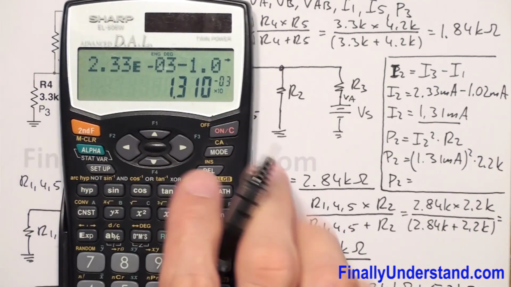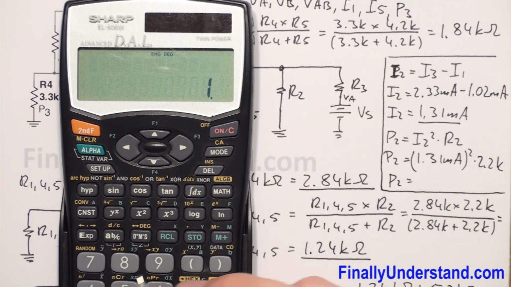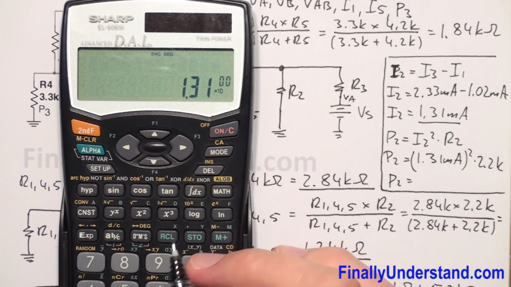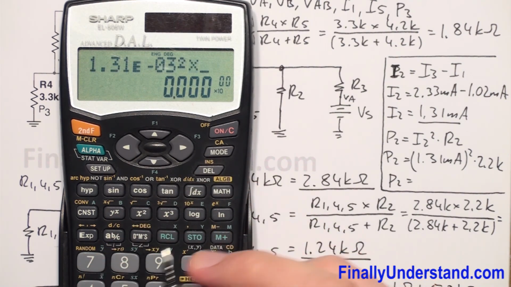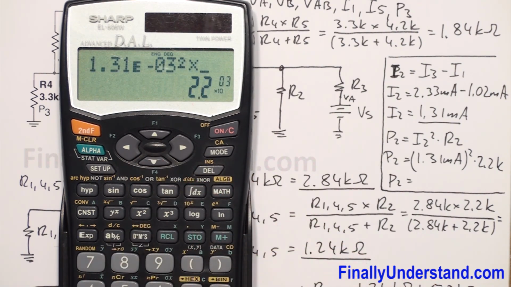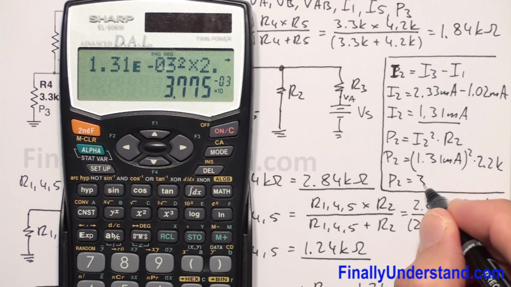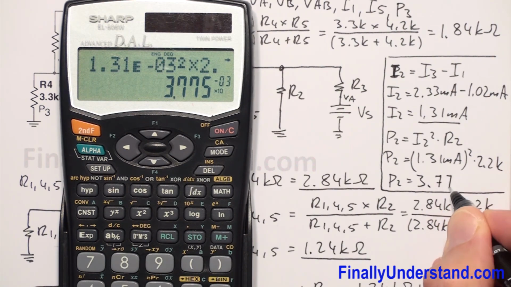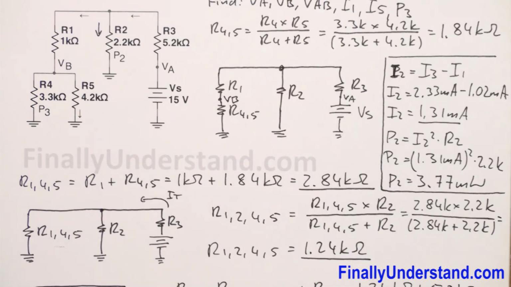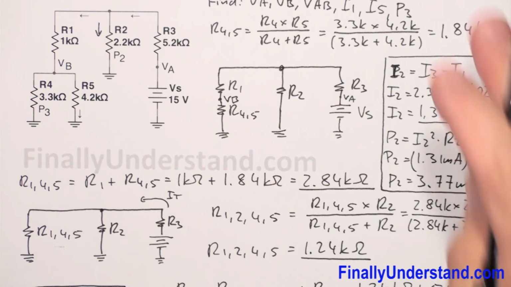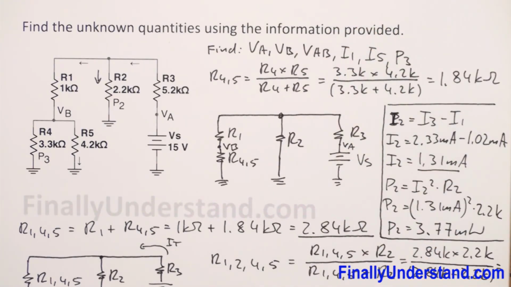Using the calculator, I have 1.31 exponent 3 negative squared times 2.2 exponent 3, which is equal to 3.77 milliwatts. So now we can say that the problem is solved.